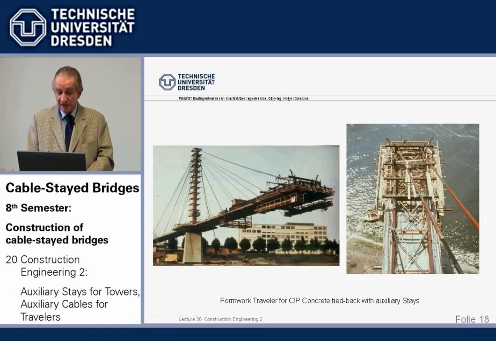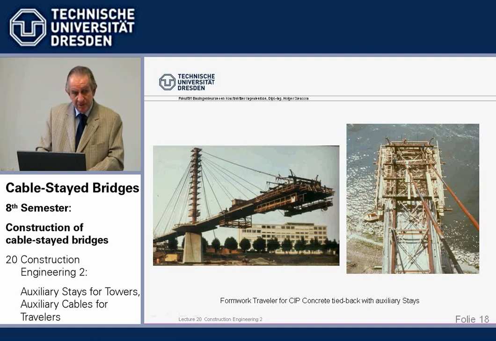Now, they have two disadvantages. First of all, they have to be elongated for every new section. And it just is awkward and time-consuming, even if you have some screwed connections or so, to elongate these cables. They are heavy, it takes time.